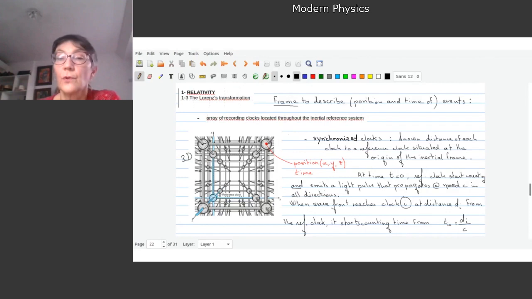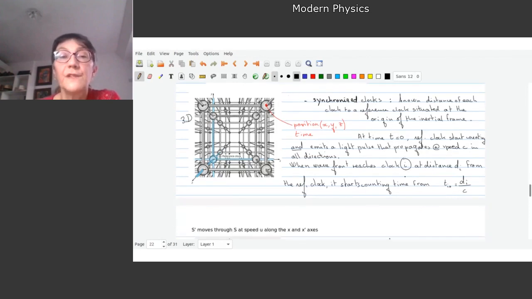It's very easy because you have the second postulate of Einstein. You know the distance between the 2 clocks. Let's say this is the origin of my reference frame.